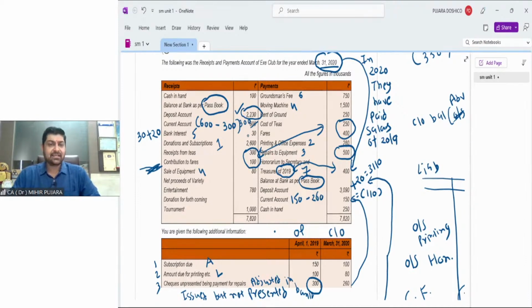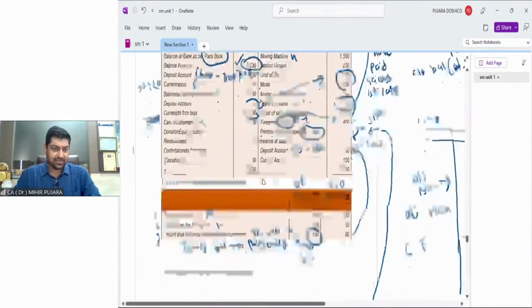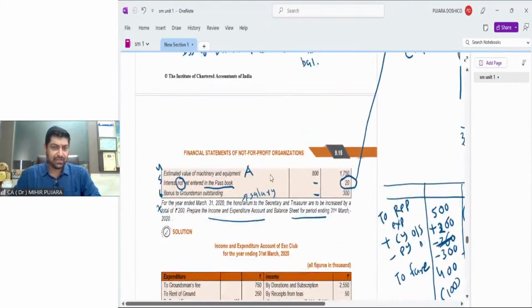So first, guys, adjustment number 4 is on the payment side and also on the receipt side. You can refer to adjustment number 4 here. You are given 800 opening balance and 1750 closing balance.